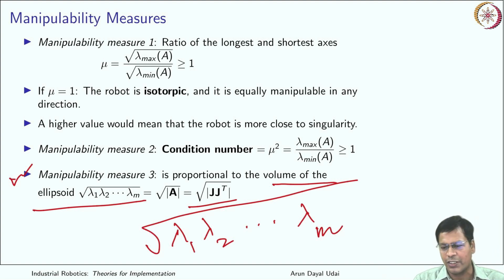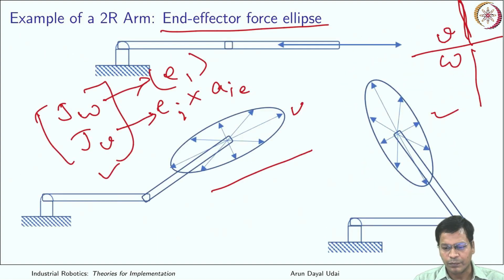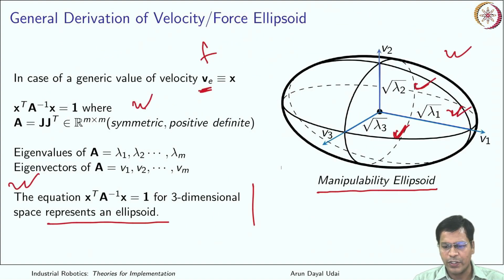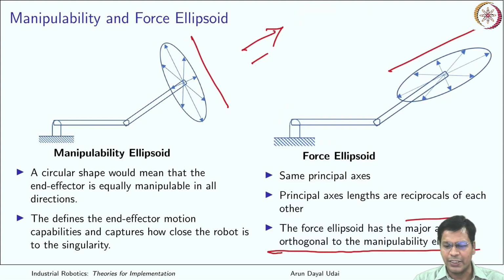In the case of a 3 degree of freedom system, it is easy to visualize. Let me just show you that figure. It is this one. You see this into this into this, it is nothing but the volume of this ellipsoid. Got it?